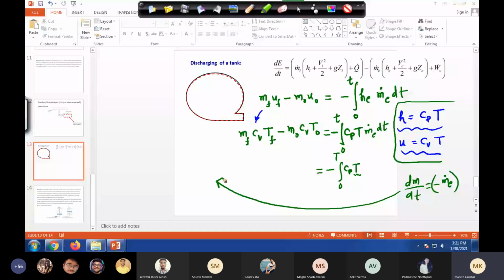So dm by dt is equal to minus m_e dot, okay, and if I multiply it with CpT on both sides, which I can do, and then if I take the integral, let's see what we'll get. What I'm doing here is as follows. Let's do it properly here with a different color.